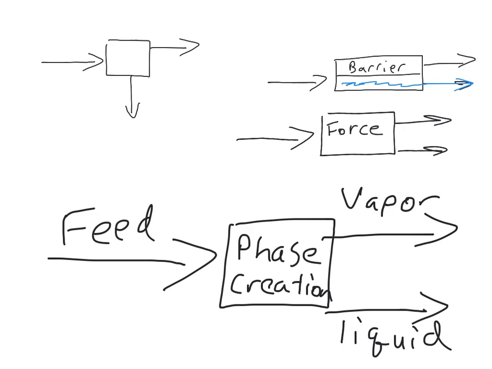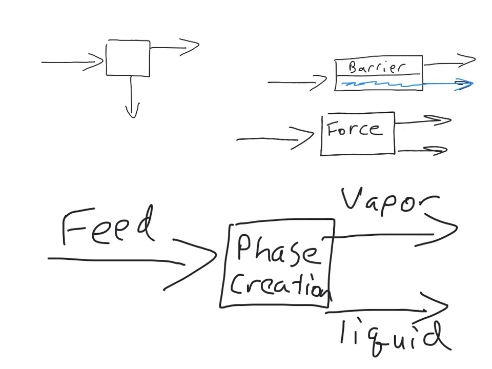In this case, we're creating a vapor phase and a liquid phase. Some of our chemicals will tend to go to the vapor phase, some will tend to go to the liquid phase. Because of that, we can create a separation between the two streams, which means we can separate different chemicals. And this is what we're going to concentrate on for the next part of the course.